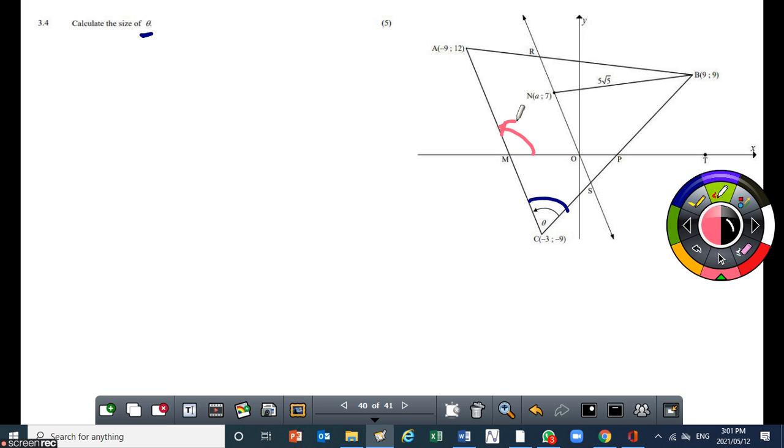Also, I may need to find the gradient of BC. Fortunately, I know the coordinates of BC. So that I can find the size of that angle. Now, this angle here is vertically opposite to that angle. And this angle here is going to be equal to this angle theta plus this angle.